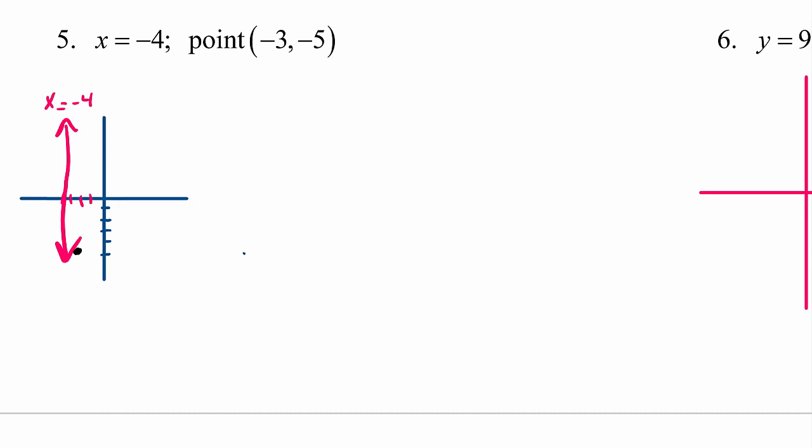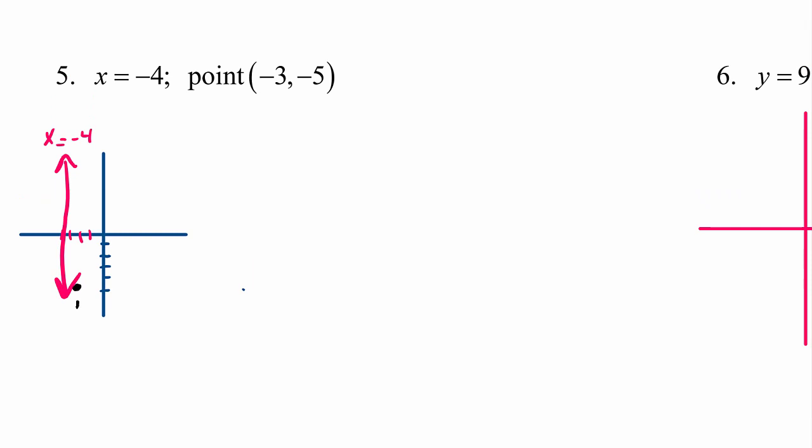And if we were going to draw a graph that's parallel to the vertical line, but that is shifted over to where this point is, wouldn't we have to draw another vertical line? What do you think? So wouldn't the parallel line have to go through this point and just be right next to that other line? Yeah, so it's another vertical line, isn't it? So a vertical line would have a parallel line that's also a vertical line.